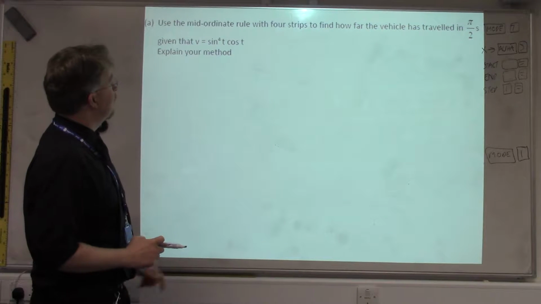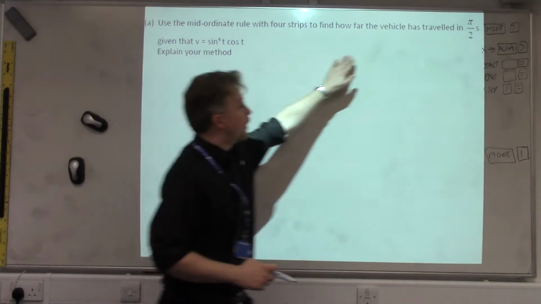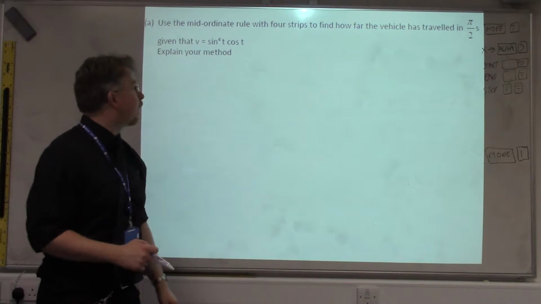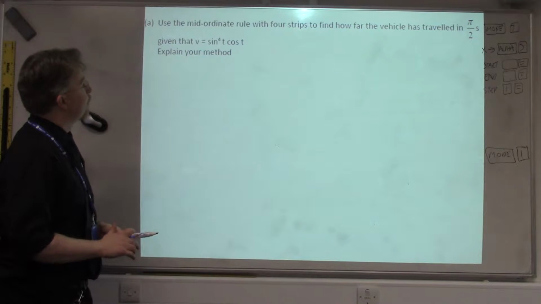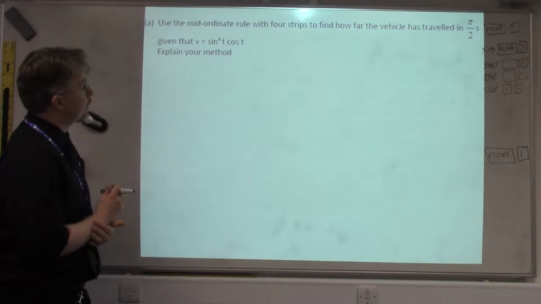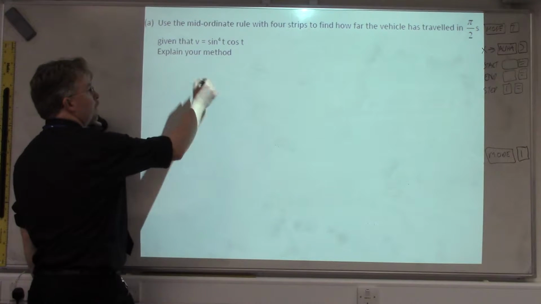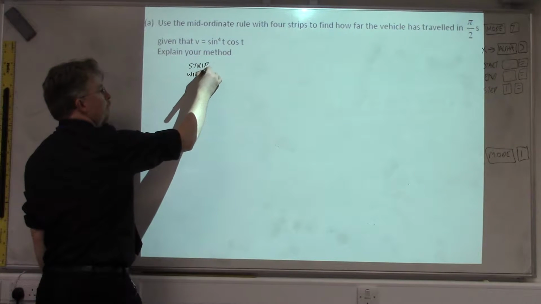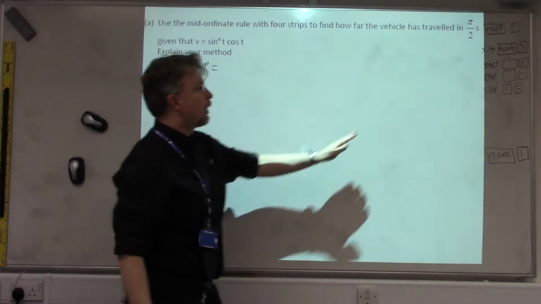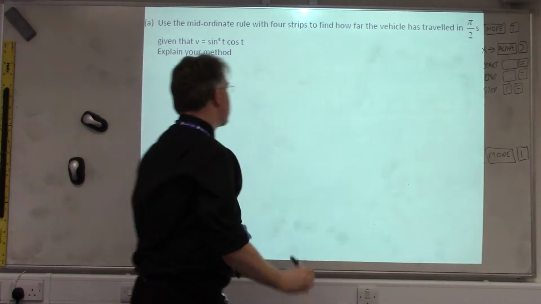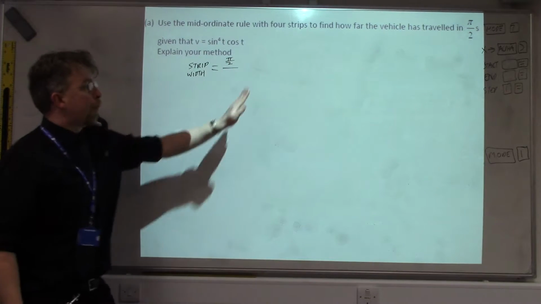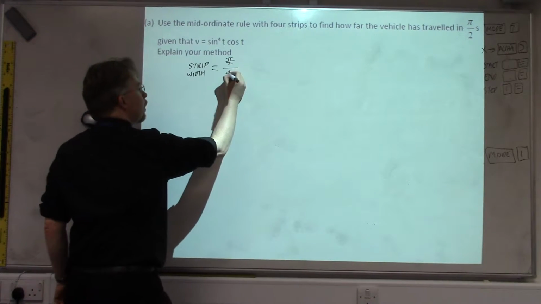In this case, we're doing the time up to pi over 2, and the formula is v equals sine to the 4t times cos t. First of all, we need the strip width. The strip width is the time travelled, pi over 2, divided by the number of strips, which is 4.